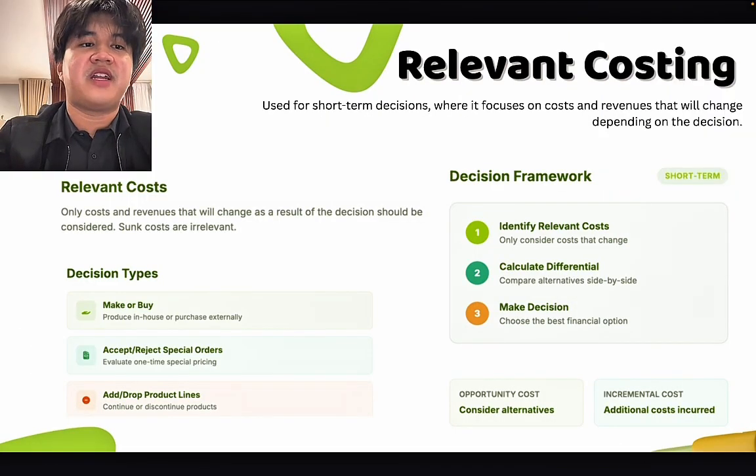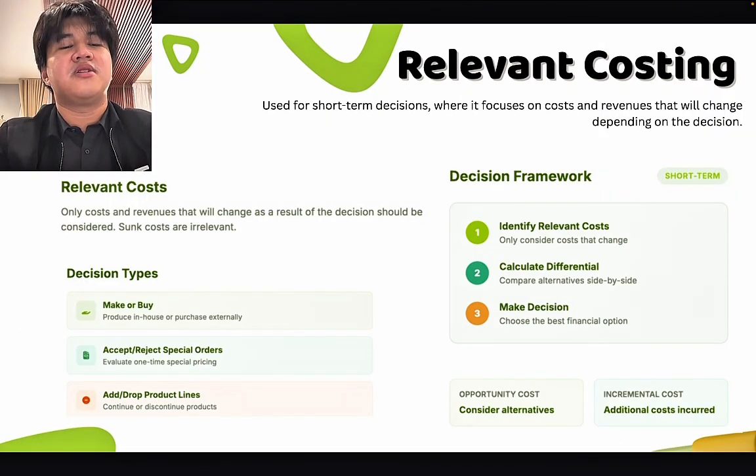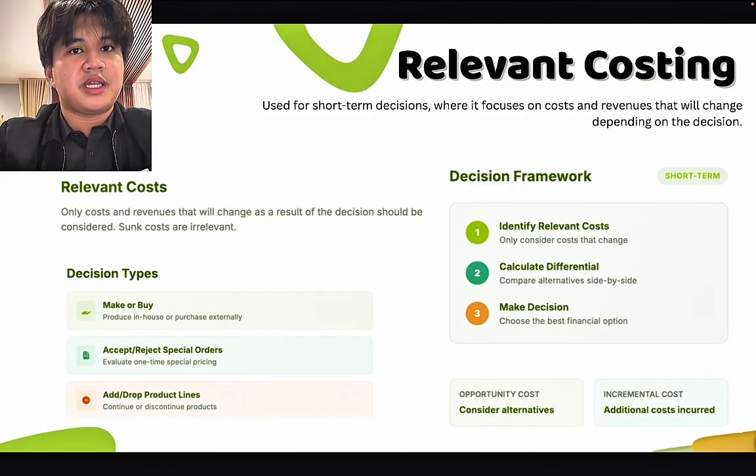Next, we have relevant costing. Relevant costing focuses on costs and revenues that will change depending on the decision. For example, if a company is deciding whether to manufacture a part internally or buy it from a supplier.